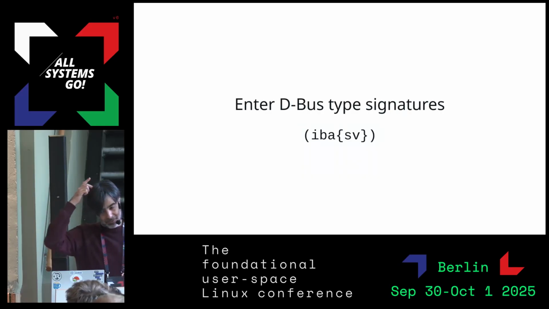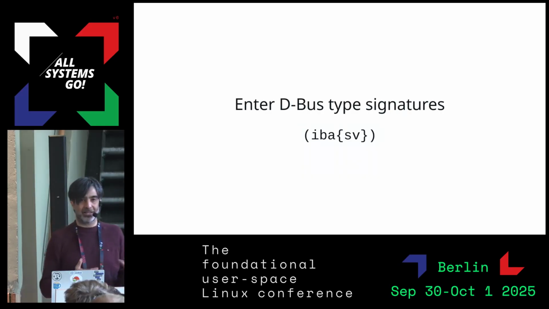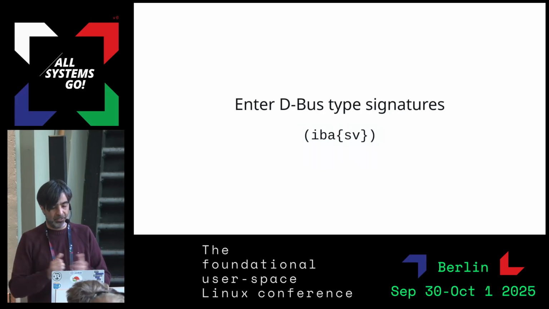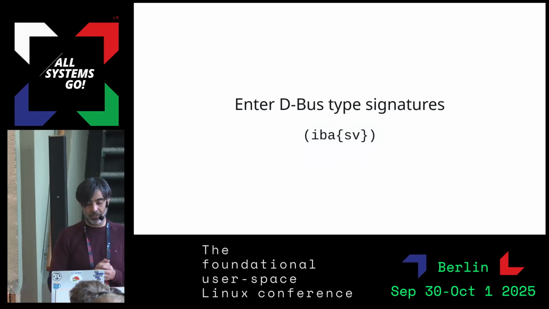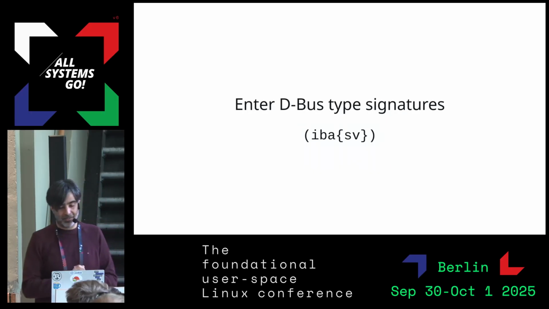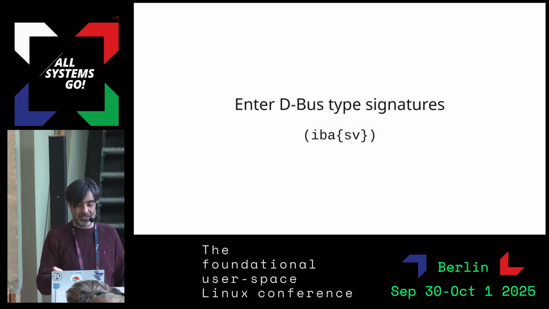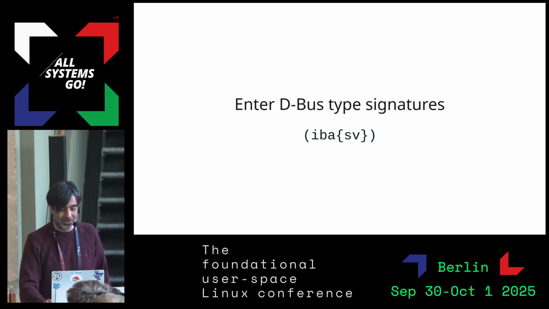Enter D-Bus type signatures. D-Bus has a mechanism to describe a format, an encoding, so what is inside this binary message body actually. For example, this one is a struct with an integer, boolean, array of string, which is actually a dictionary in D-Bus. So you can describe very complex types actually.